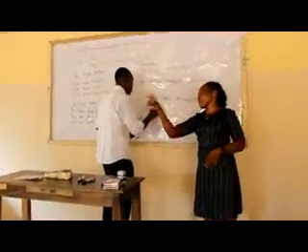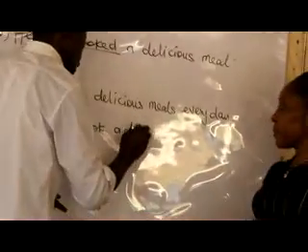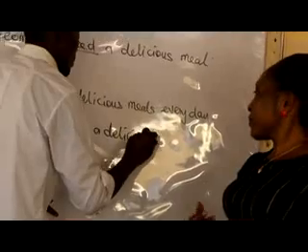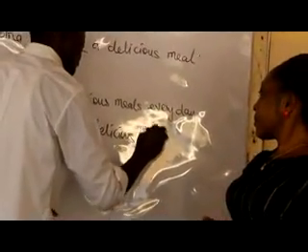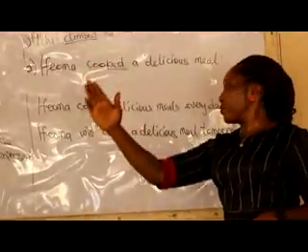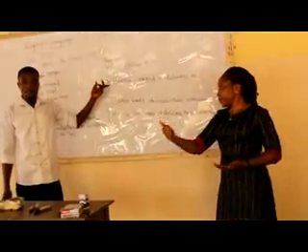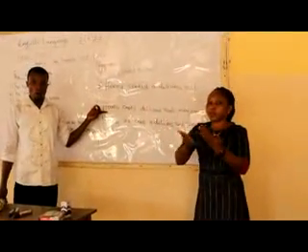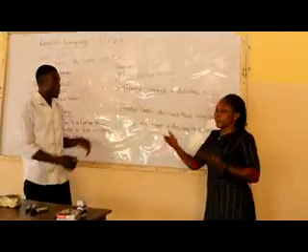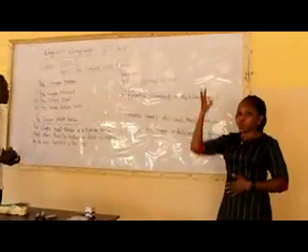Ifeoma will cook a delicious meal tomorrow. Okay, my students, you can see this is in the simple past, this is in the simple present, and this, as you can see, is in the simple future.